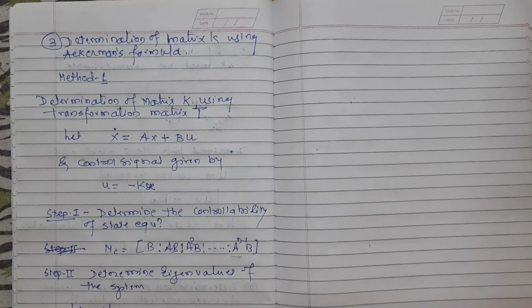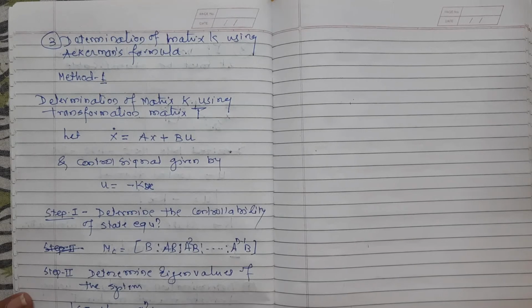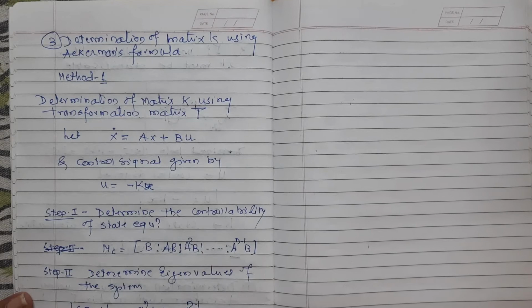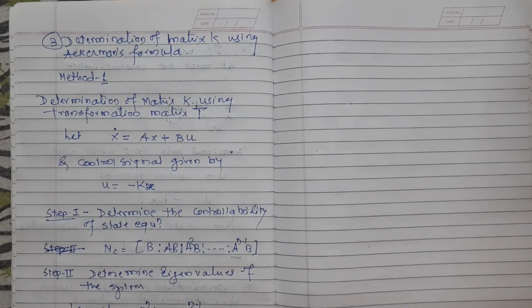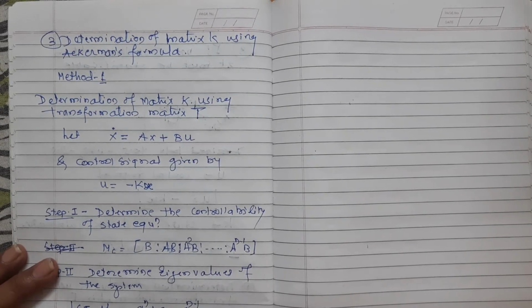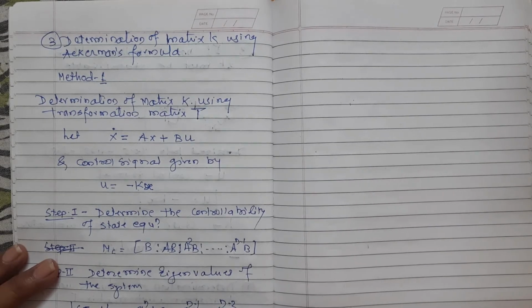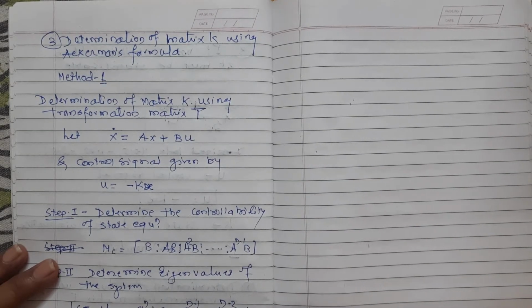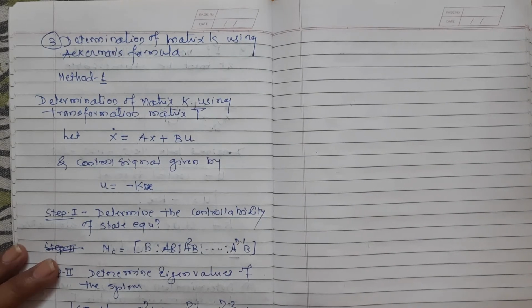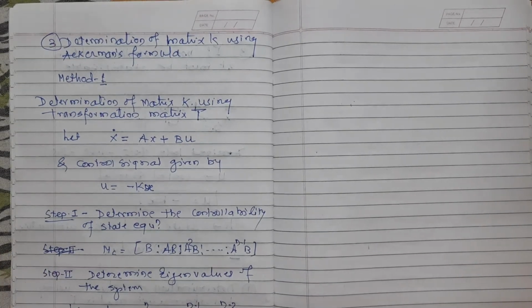We will write it as s raised to n plus a1 s raised to n minus 1 plus a2 s raised to n minus 2, and so on, plus a n minus 1 times s plus an.